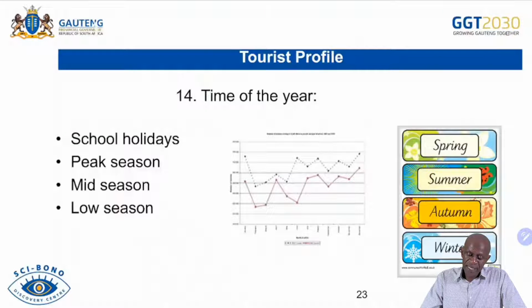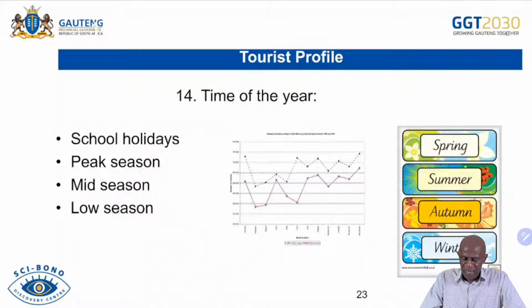Included in this slide is a graph that indicates the travel trends during these seasons. Where it is high, it shows it's either during school holidays or peak season. And where it's low, I have just alluded to the low season and gave an example of winter months.